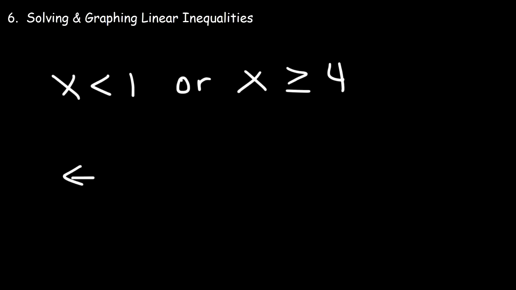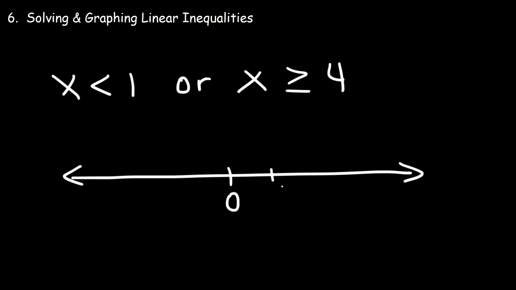Now, in terms of graphing, the next thing you need to be familiar with is the and and the or statements. So you can have something like this: x is less than 1 or x is equal to or greater than 4. In this case, to graph the solution, let me redo that.